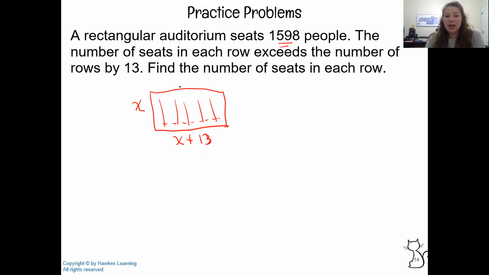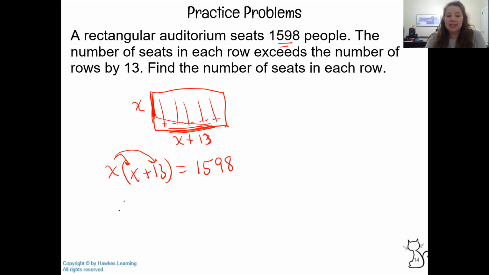Basically, we're trying to find the area of this auditorium. Just like a rectangle, you multiply the base times the height. If the base is x plus 13 and the height is x, the area of this auditorium is 1,598. So that's our equation.